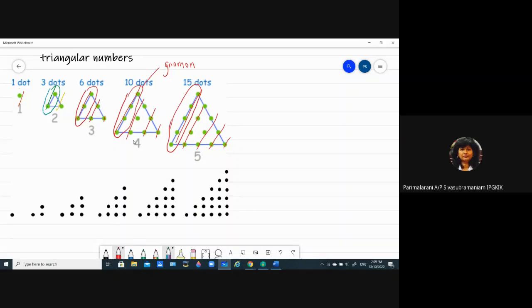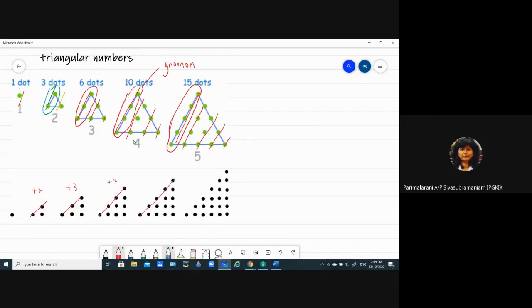Your triangular numbers, you can also draw them like this. 1 dot. The second number, you add 1 new row, 2 dots. Third number, you add 3 dots. Fourth number, you're adding 1 row of 4 dots.